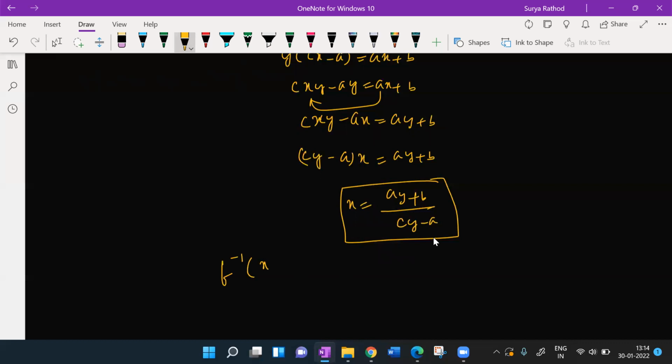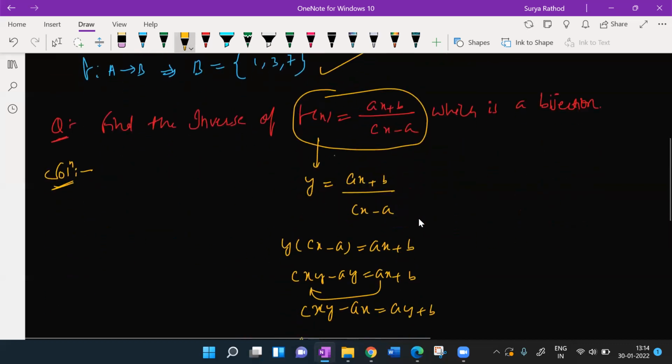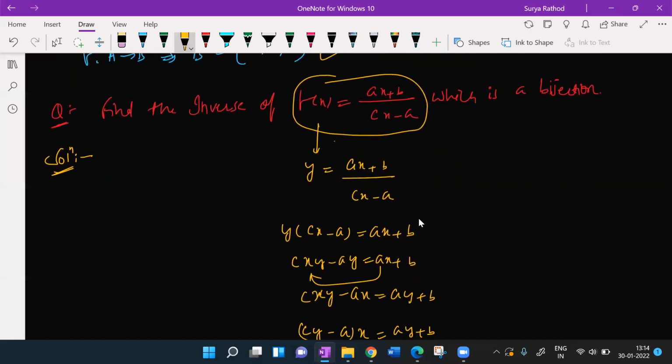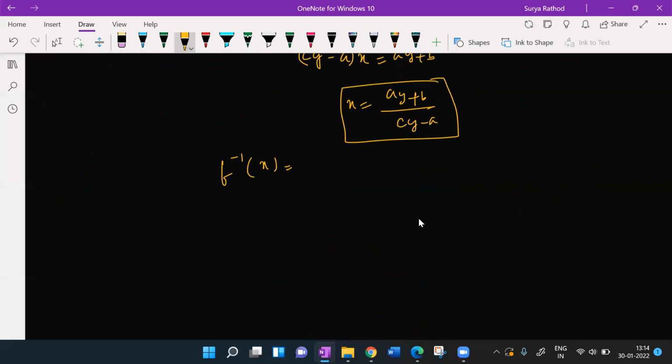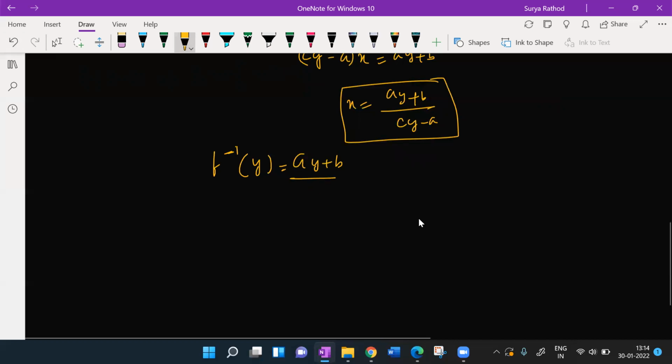So what is f inverse of y? f inverse of the function y, which is ay plus b divided by cy minus a. Okay, this is my f inverse of y.